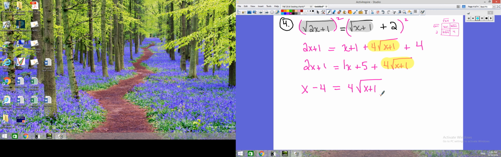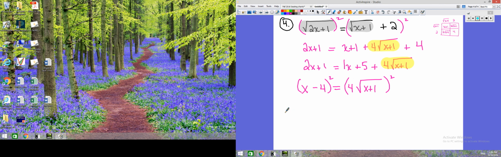Now, to get rid of that radical, we square both sides of the equation. Again, if you want to divide by 4 and work with 1/4 x minus 1, you can do it. But I'm going to keep that 4 there and square it because I'm not going to try to do a lot of arithmetic with a fraction like 1/4 in there. It's not impossible. It's just, to me, more difficult than what it needs to be.